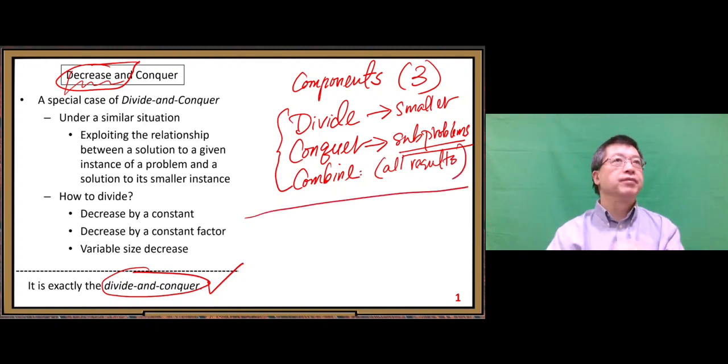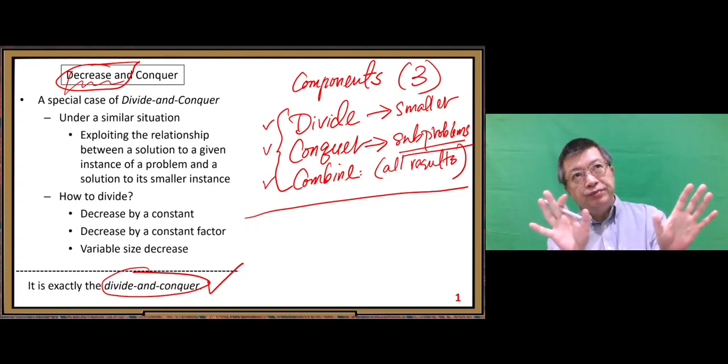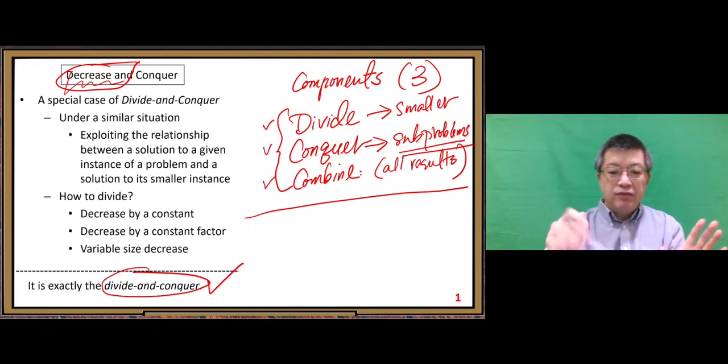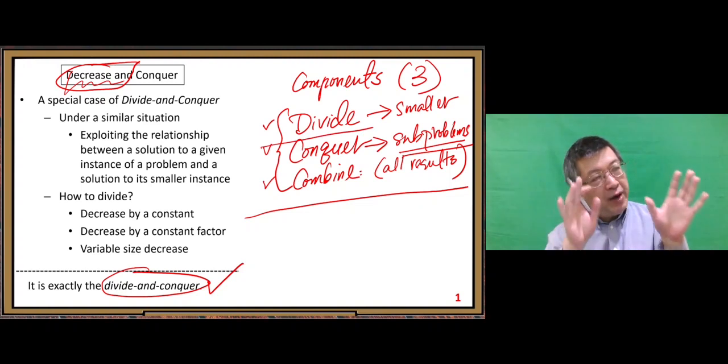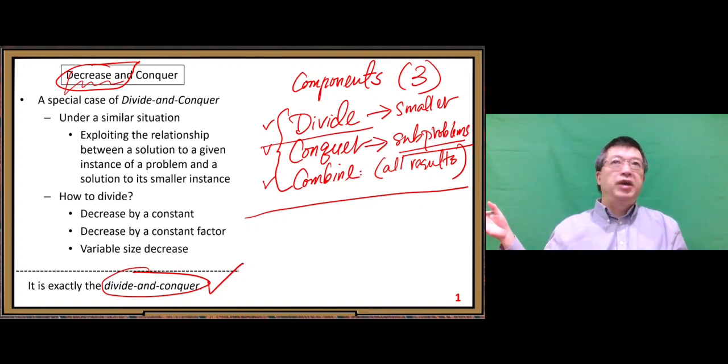So very basic, fundamental. But in our future discussion, we will look at each step. For each step, what should we do? Sometimes we make the divide step very easy, but you have a trade-off. You cannot make every step very easy.